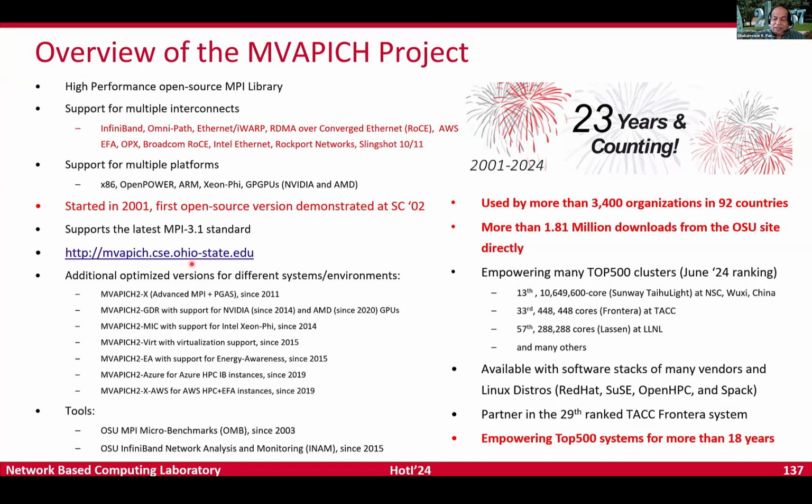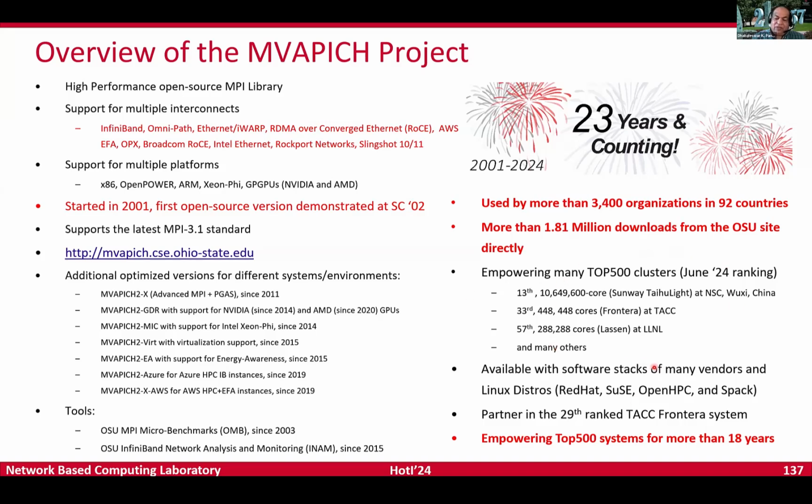You should be able to see exactly how people are using it. Just from our OSU site, we have crossed 1.8 million downloads. Of course, it is a part of all the different stacks like Red Hat, SUSE, OpenHPC, Spack. It's very hard to keep track of those, but just from our website, we can keep track, and we are going very nicely there.